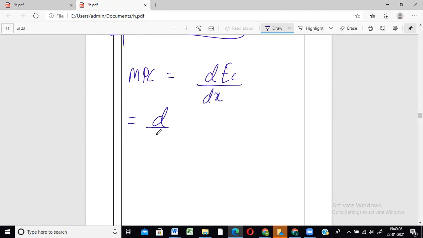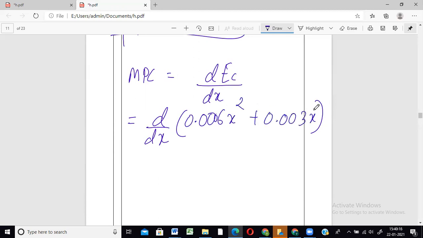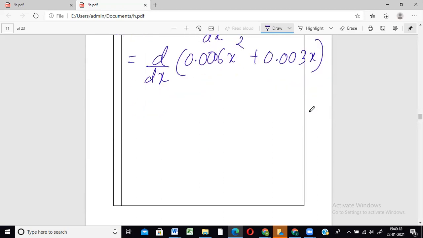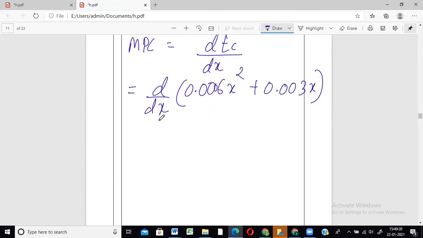So the same equation that we have, we are going to differentiate it with respect to X: 0.0006 X square plus 0.12, yes, 2 zeros. All right. So now how do we differentiate this? This is nothing but a constant like I told you before. These things will come outside and the derivative of x square remains, right? So the derivative of x square will be nothing but 2x plus 0.003.